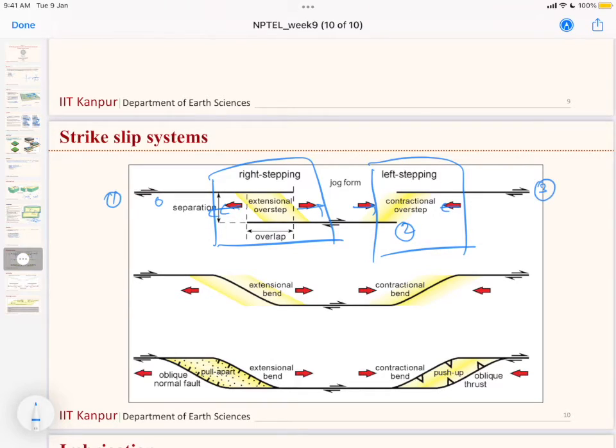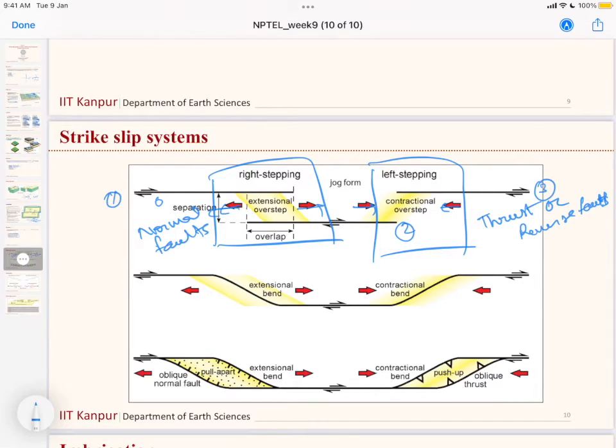So what kind of stress scenario is happening over here? It's compressional. So far we have seen that in the extensional environment, most of the time, we see normal faults. And in the compressional environment, what kind of fault do we generally see? The thrust fault, thrust or reverse fault.